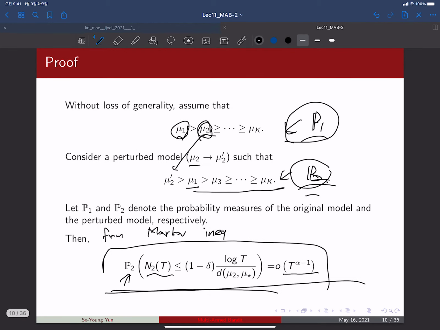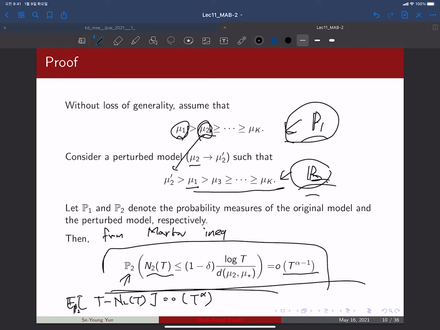The P2 model is also a feasible model, and from the uniformly efficient assumption, the expected value of T minus n_T should be small o of T to the alpha, because the second arm is the best on the P2 model.